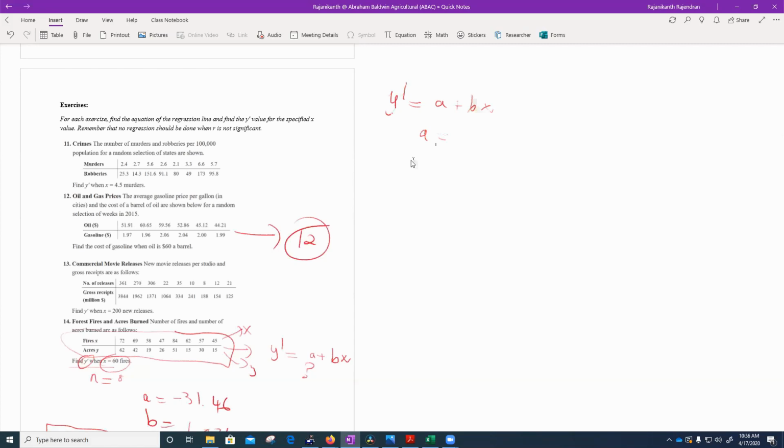I need just the decimal answer for a. 1.956. Very good. So this is your a, literally the b answer from your calculator.